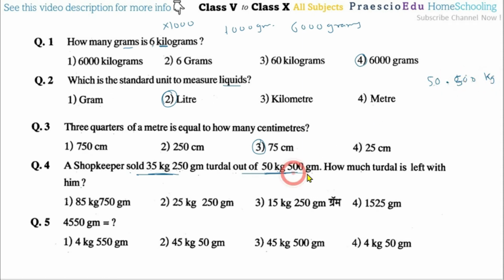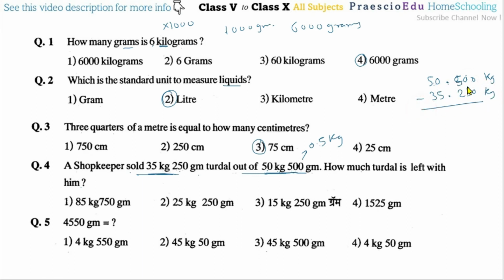The 500 gram means 0.5 kg, so 50 and 0.5 gives 50.5. Now subtract 35 kg, and after the decimal this is 250. It is gram, but after the decimal it is completely in kg.